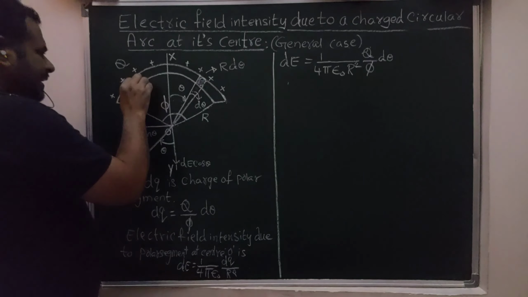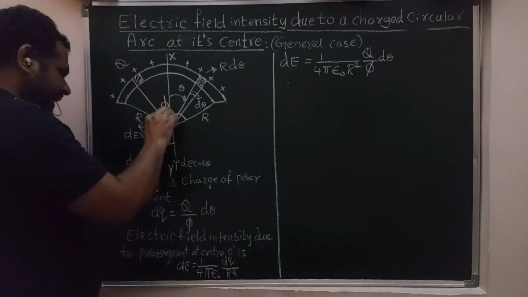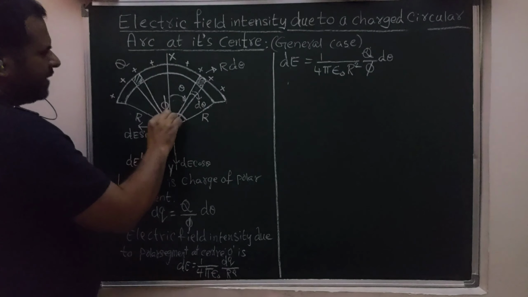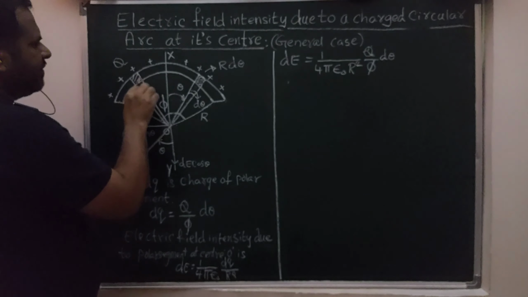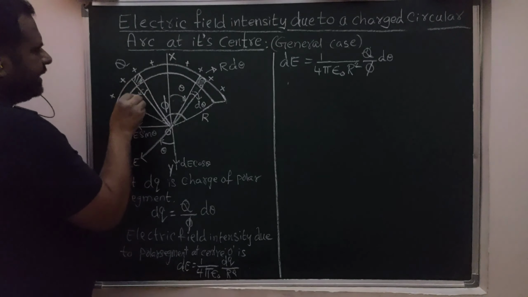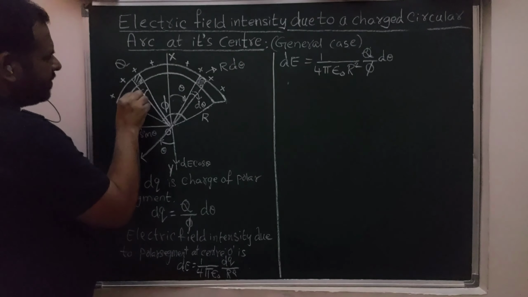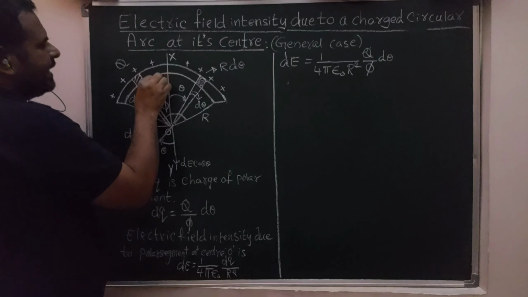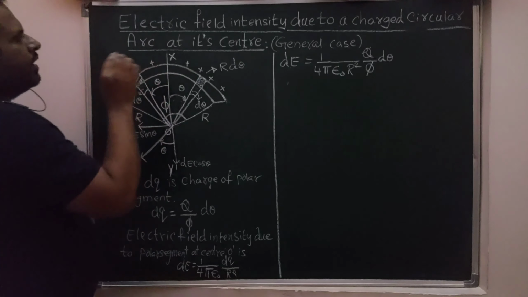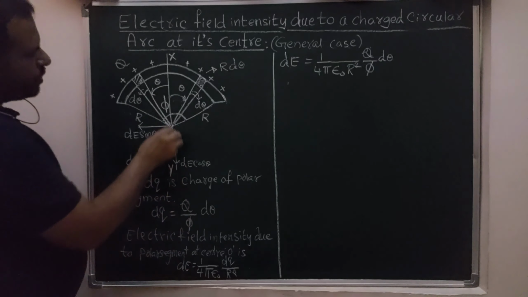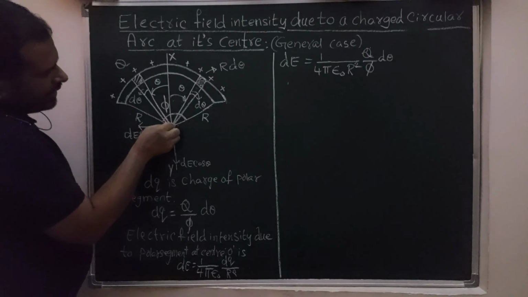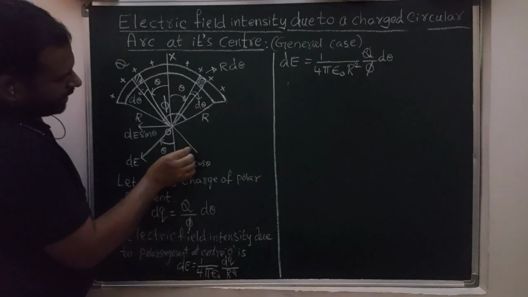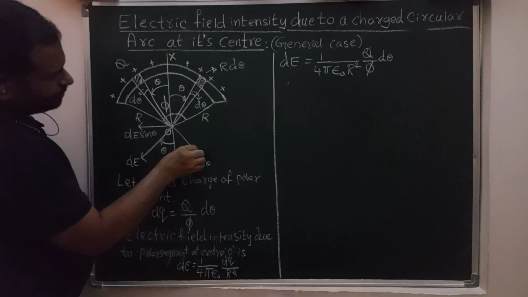Its angular width is also d theta, and it also makes an angle theta with the angular bisector. So due to this also, the resultant electric field intensity is like this.